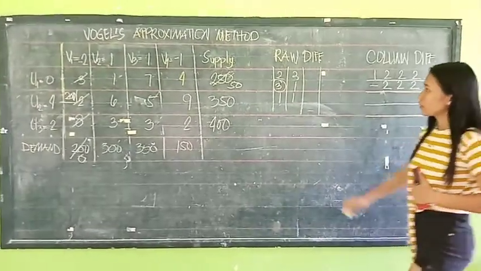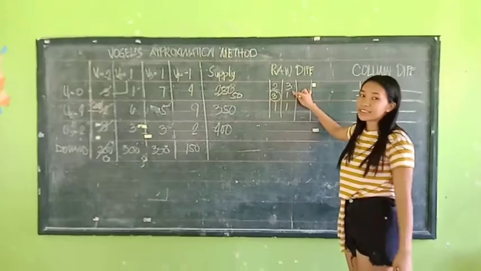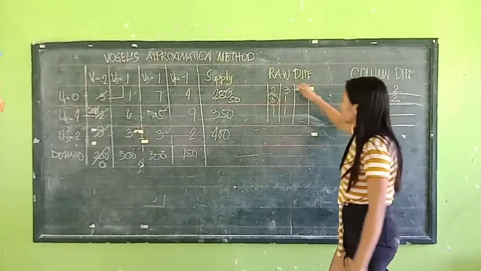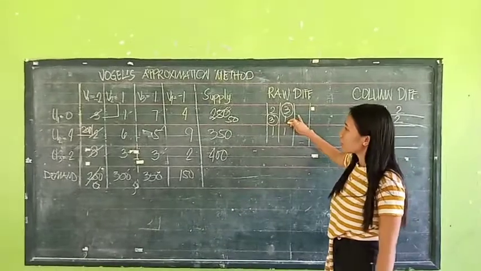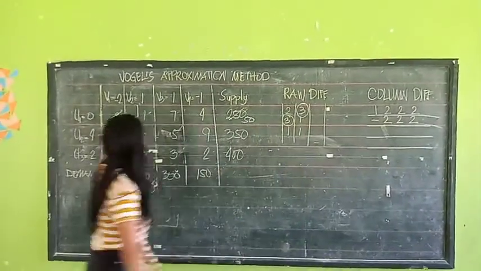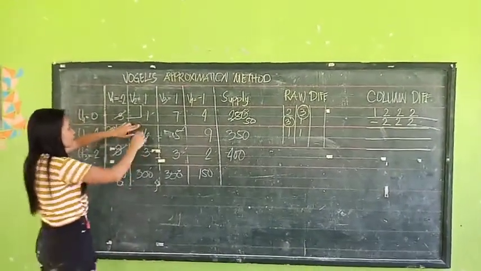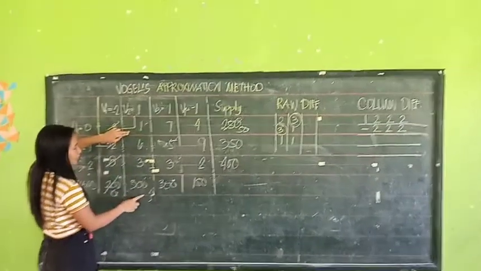Since 3 is the maximum number, and the 3 is in column 1, so 1 will be our maximum number.